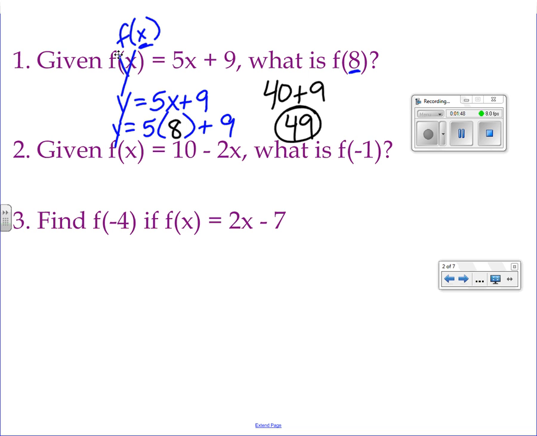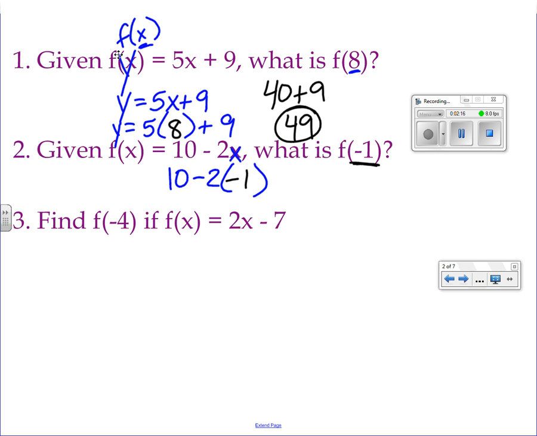All right. Number 2, given f of x equals 10 minus 2x, what is f of negative 1? Once again, wherever the x is, you're going to build your frame. You put empty set, so 10 minus 2, empty set of parentheses. All right, in this case, we're plugging in negative 1.